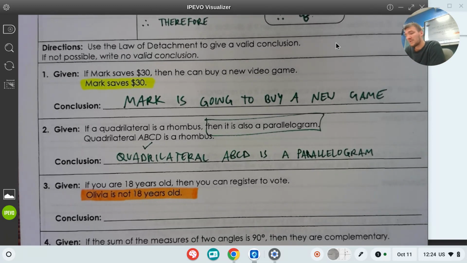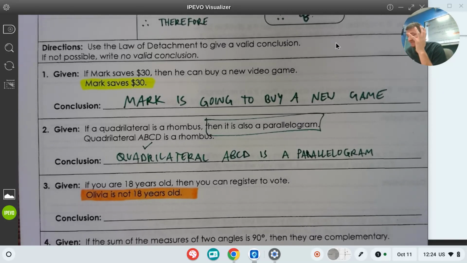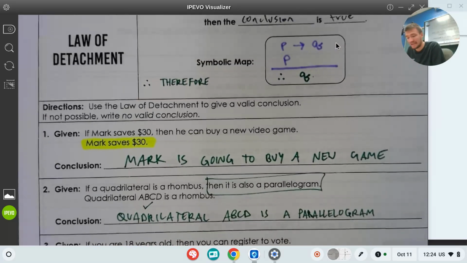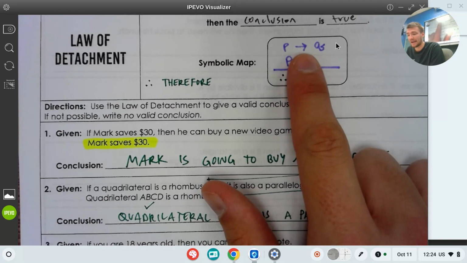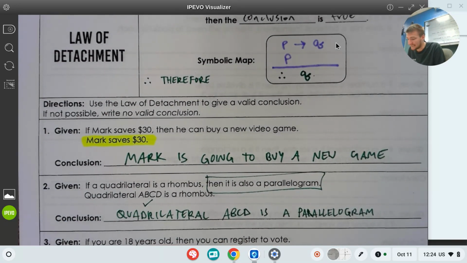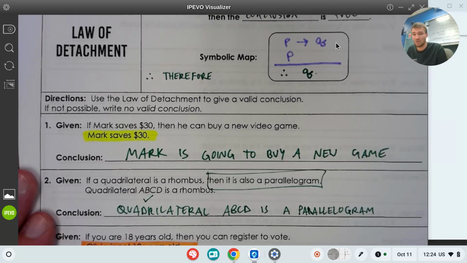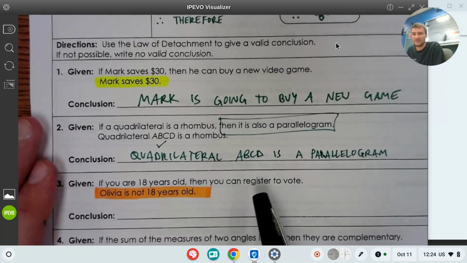So, did we satisfy the start of this process? Did P happen? No. We have a breakdown. P never happened. So, if the start never happened, there's no way we can guarantee the finish.